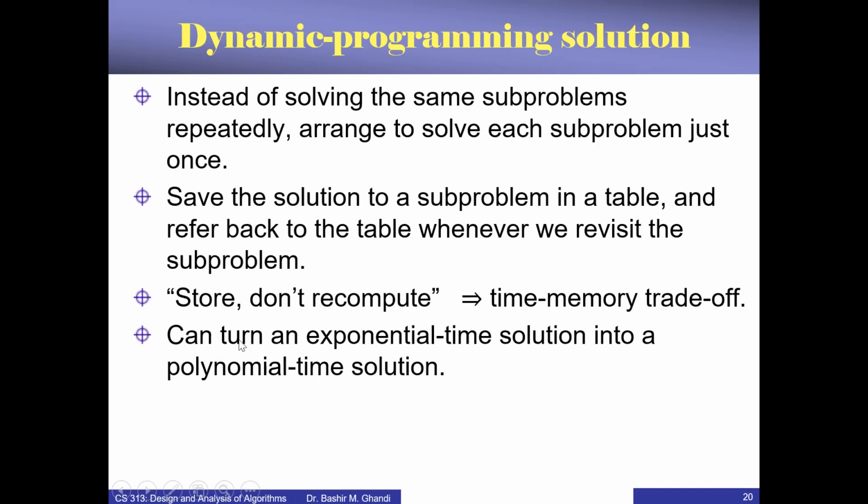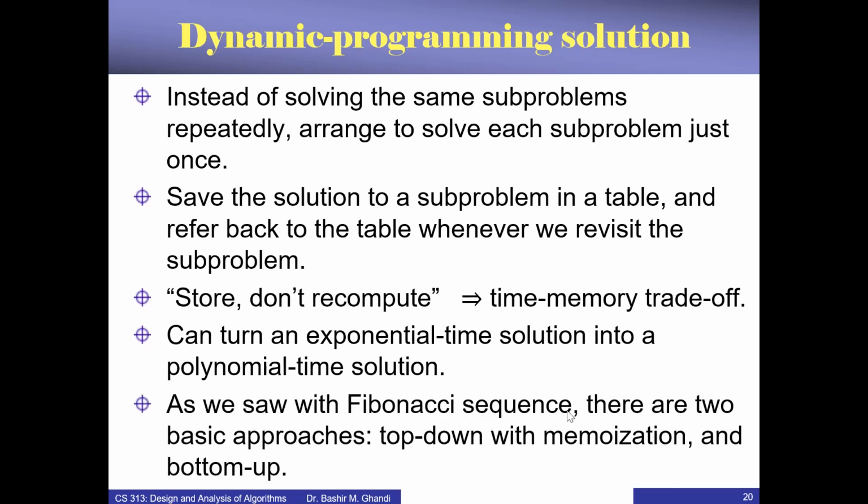This approach can turn an exponential time solution into a polynomial time solution, as we already saw with the Fibonacci example, and as we're going to see with this rod cutting problem. Again, as we saw with the Fibonacci sequence, there are two approaches: top-down with memoization and bottom-up.